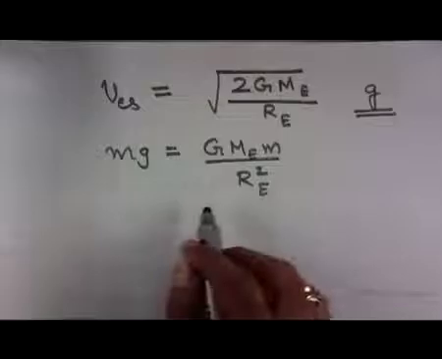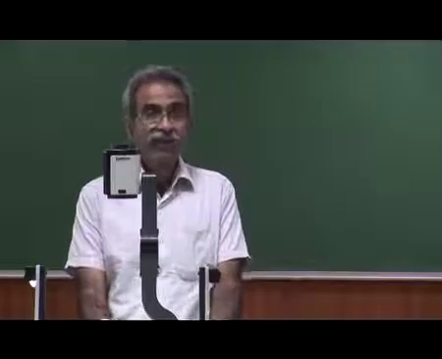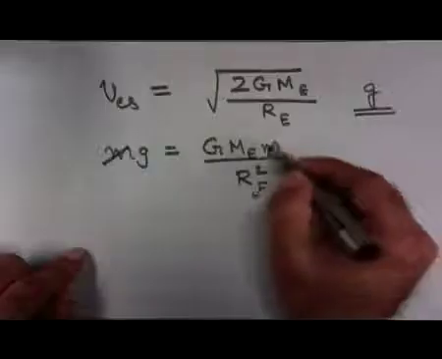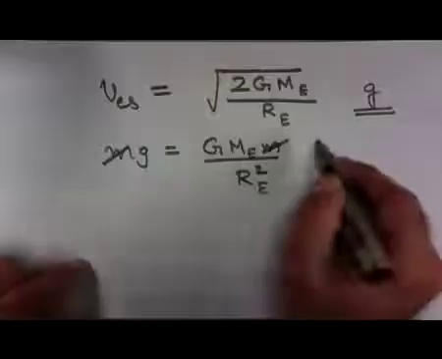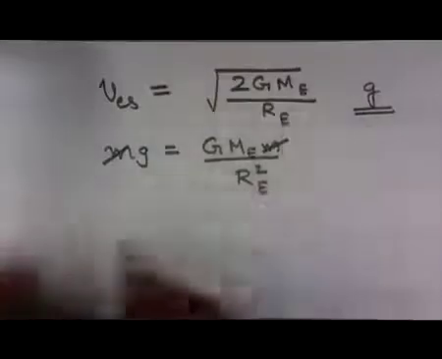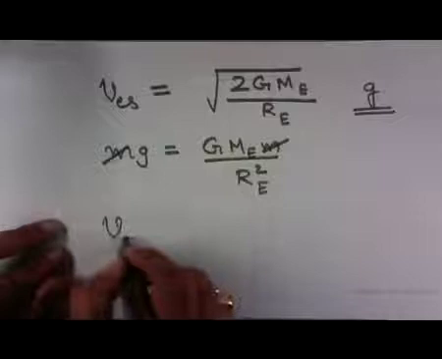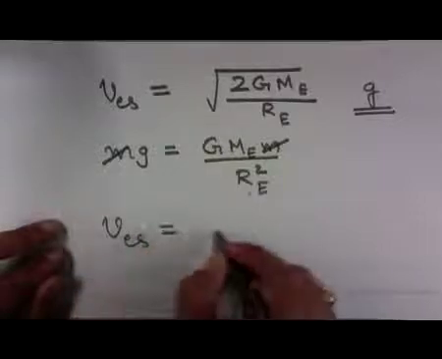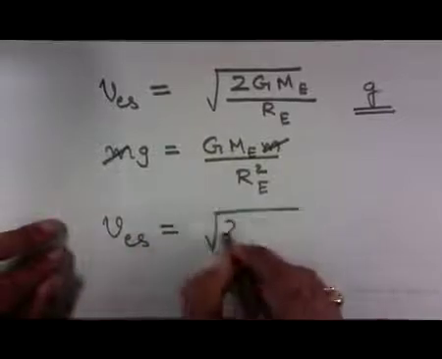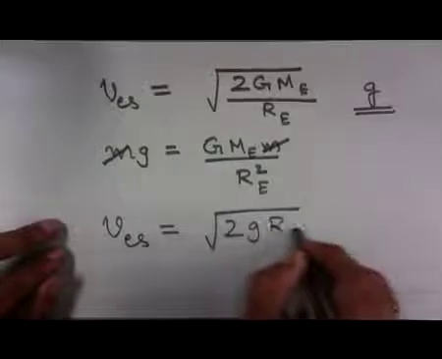In writing this, we are of course assuming that the earth is a perfect sphere, and it is not too bad an approximation. Again I cancel. So G M_E by r_E is nothing but g r_E. Therefore I can write my escape velocity to be root of 2 g times the radius of the earth.